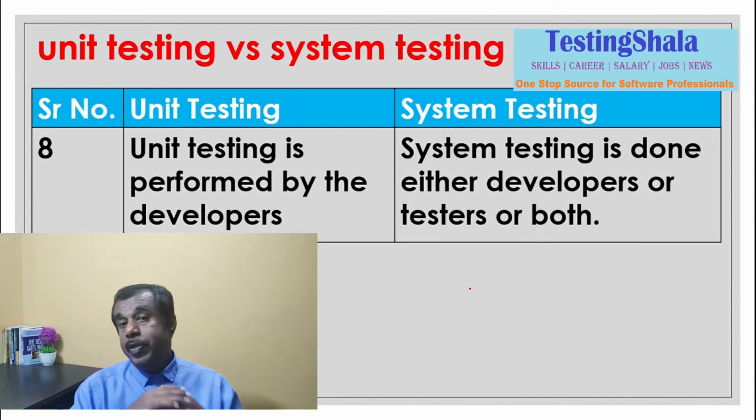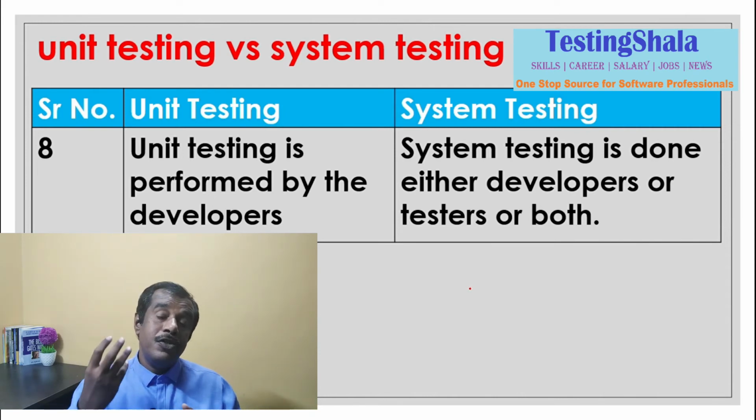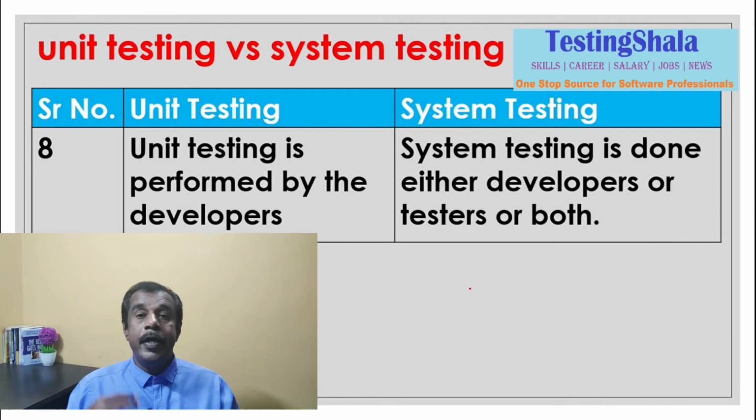The eighth important difference between unit testing and system testing is that unit testing is normally performed by the developer. Most probably, developers only do the unit test cases. But if the tester also has experience in coding and is well versed in coding aspects, then he can also write unit test cases.